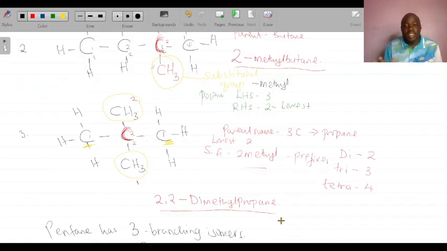So that is the easiest way in which we can draw to show isomerism in an alkane. So we can apply this knowledge to show isomerism in hexane, in heptane, whichever alkane molecule that you can think of.